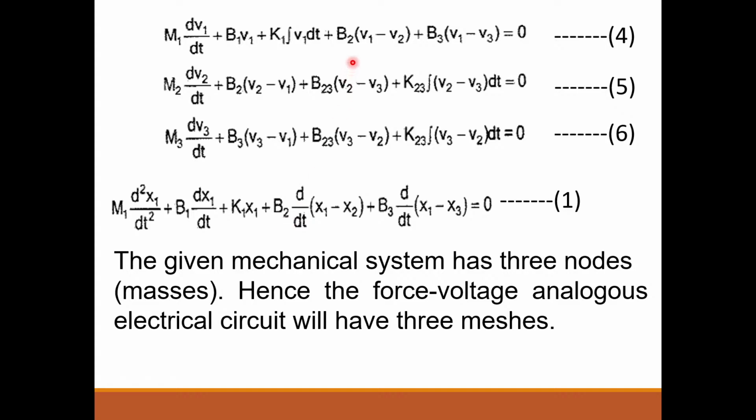Plus b2, write b2 as it is; d by dt of x1 minus x2 means d by dt of x1 minus d by dt of x2. So d by dt of x1 is v1, and d by dt of x2 is v2, so v1 minus v2. Plus b3, you just write it as it is, and instead of d by dt of x1 minus x3, you can write v1 minus v3, equal to 0. So we have modified equation 1 to equation 4.